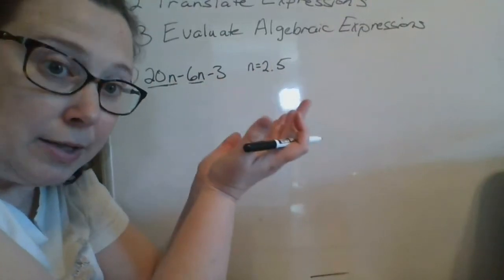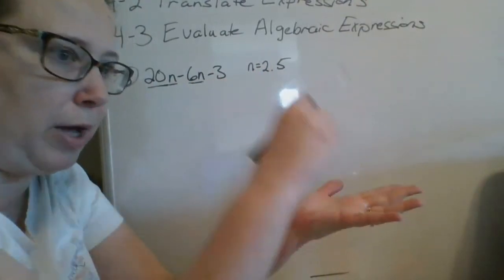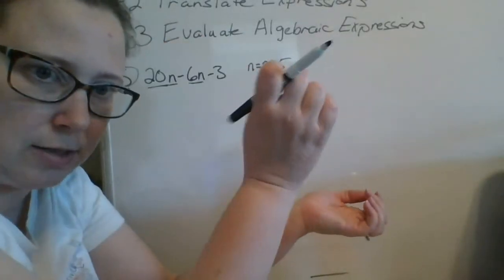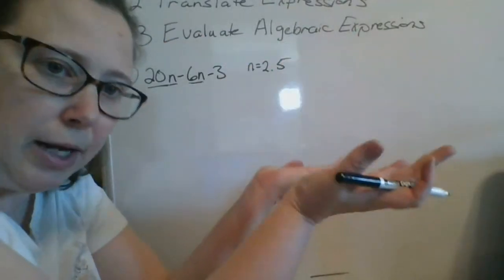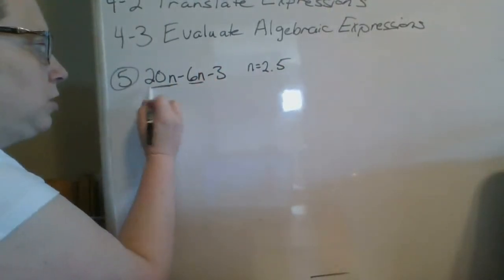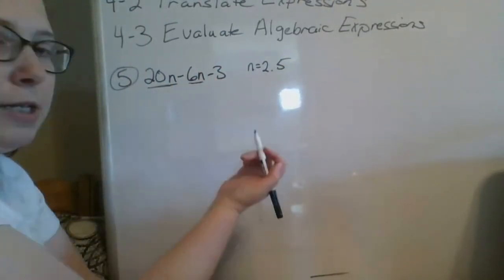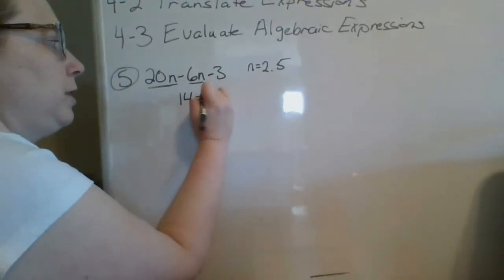So you have 20 n's. And then you're going to take 6 n's away. So think about actually taking 6 of those magnet n's out of your pile. How many n's would you have left in your pile? That's what this means. So we start with 20 n's and we take 6 of them away. So now we have 14 n's.